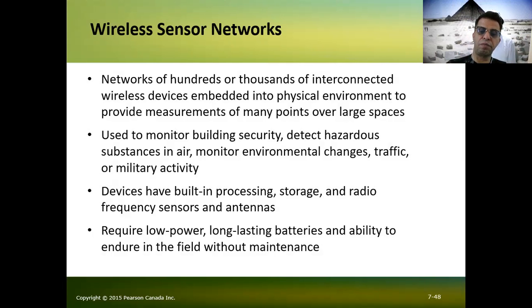It is used to monitor building security, detect hazardous substances in the air, and monitor environmental changes, traffic, and military activities. The devices have built-in processing, storage, and radio frequency sensors, and an antenna. They require low power, long-lasting batteries, and the ability to endure in the field without maintenance, like the ones in the door with the lights on it.